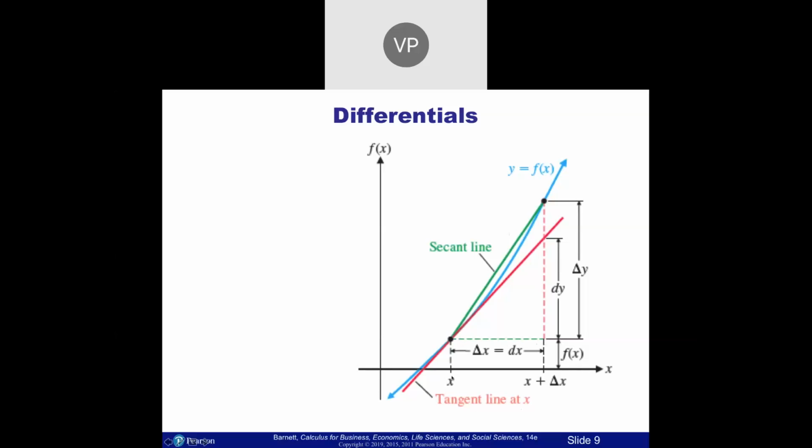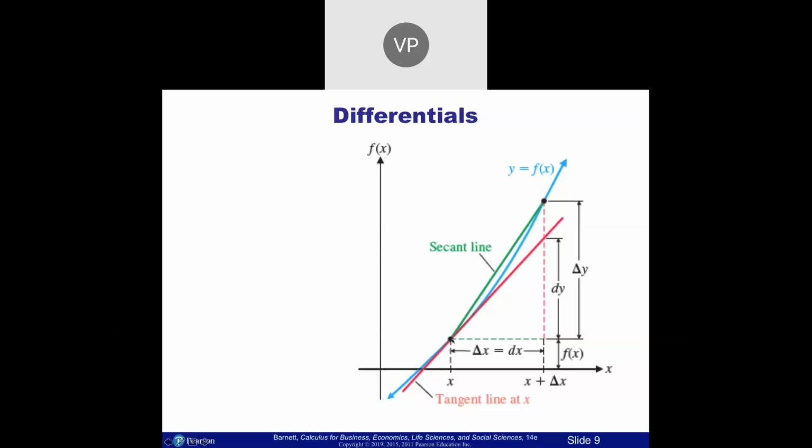If you have 2 points, you have an x right here, and then you have some change, some delta x right here. We're going to add that on, so we're going to get 2 different points on the function. We already know that we can find the secant line between them, and then we can find the slope of that just because we know enough about the points. What we've done before is we've found the derivative, which gives you the slope of this red line right here.